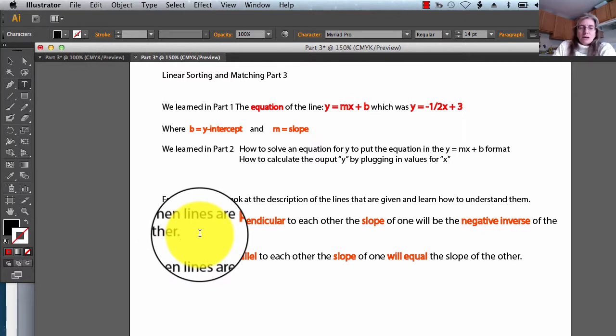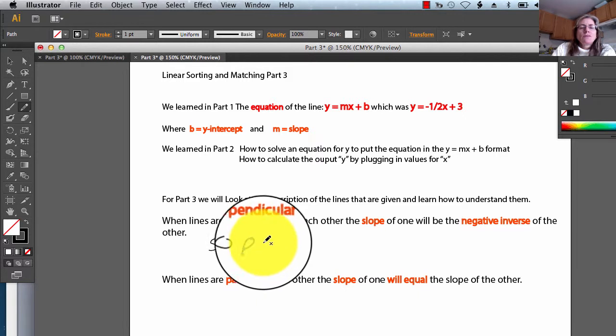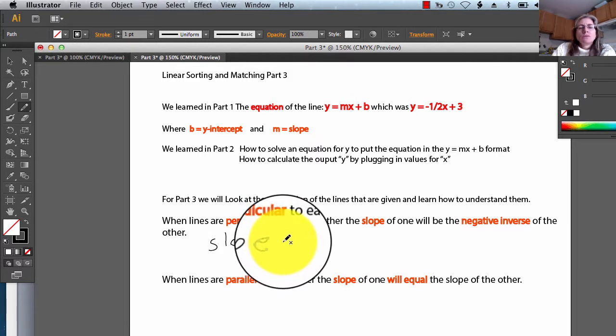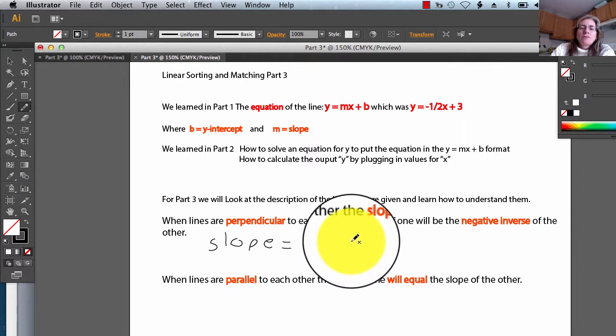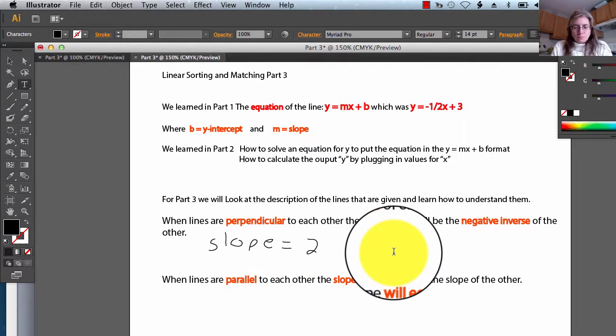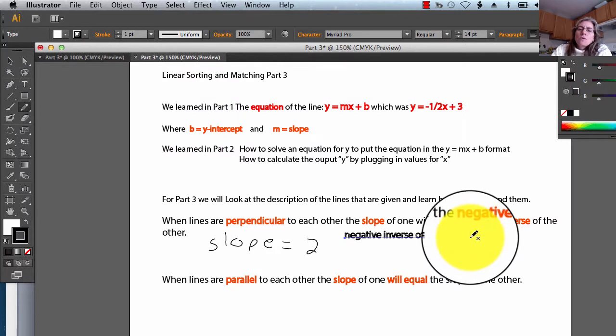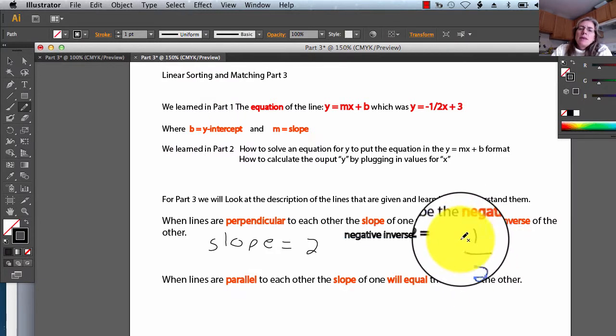So, for example, okay, so if the slope were to equal 2, the negative inverse of that slope, let's see if I can type that in. Negative inverse of 2 equals 1/2, and then you make it negative.